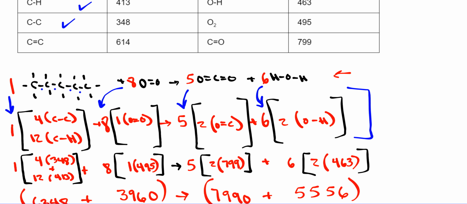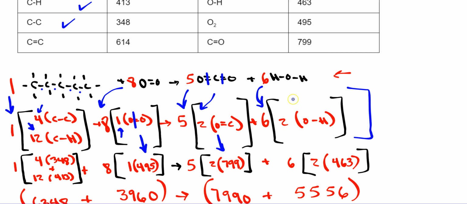So I carried the coefficient, and then these are the number of times the bonds were broken in each one. The number of times the bond between O and O was broken was 1. But then 8 is the coefficient. Then here, this happens twice, so that's where this 2 came from, and the 5 was the coefficient. I found these numbers from the table.